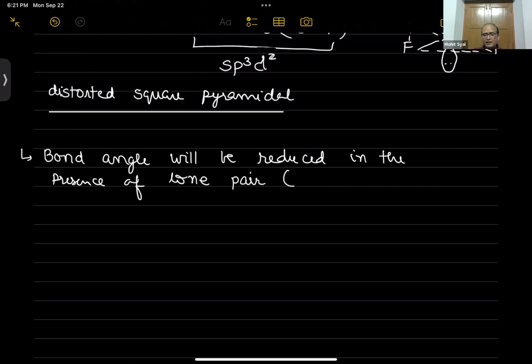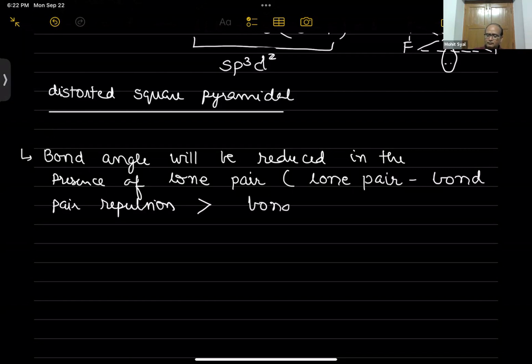Or we can say a very famous point of the VSEPR theory, that lone pair bond pair repulsion is greater than bond pair bond pair repulsion. So the lone pair actually compresses the two bonds. Is it clear?